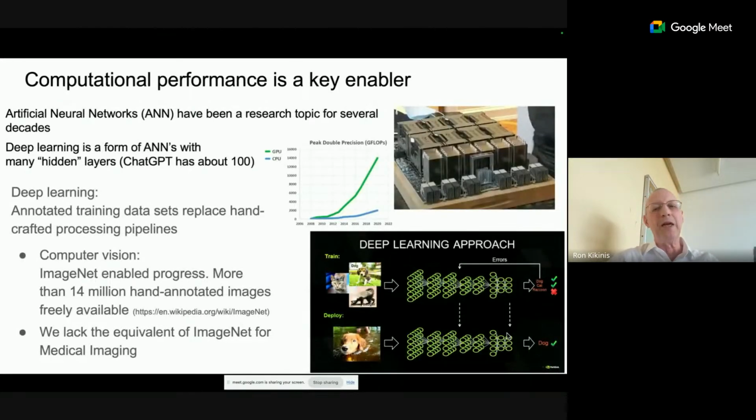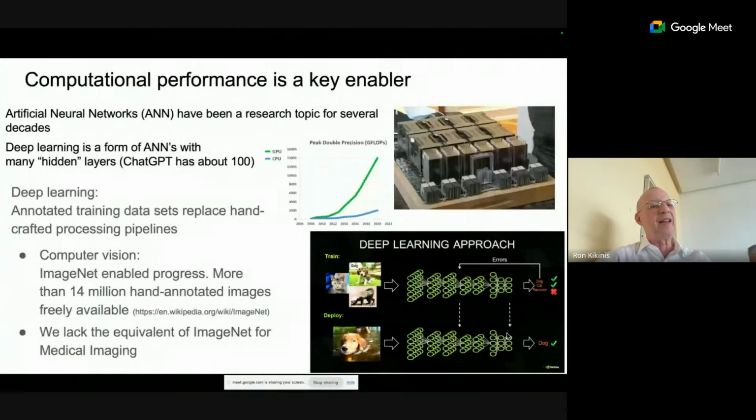Fast forward to today, the discovery that GPUs can be used to do massive amounts of computations of the kind that's needed for AI has revolutionized the field.